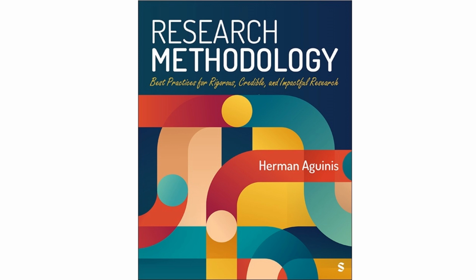If the theory proposes full mediation, where the entire effect is transmitted through the mediator, then testing a model with a direct effect muddies the waters. So we need to be careful not to let our statistical tools dictate how we interpret the findings. The theory should guide the analysis, not the other way around. Absolutely. It's about using the right tool for the job and being precise in how we test our theories.